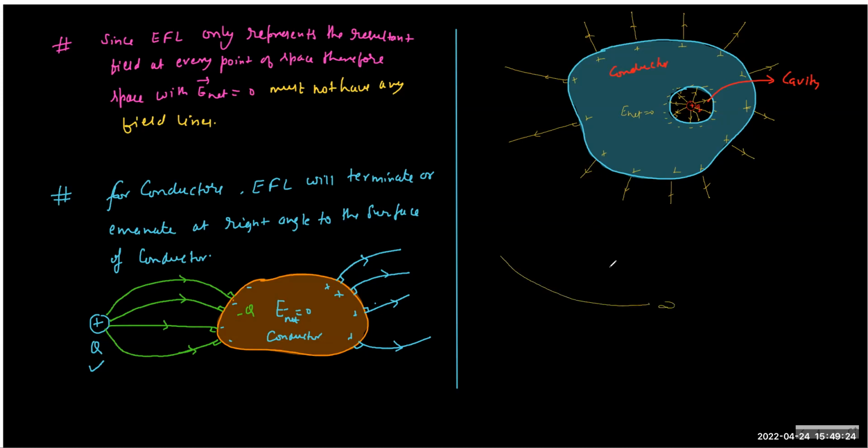Let's say the plus will induce the minus at infinity. That's how we think about it. Why do we say this? Because eventually every field line will terminate at infinity. So no matter where the field starts, at infinity all electric field lines will terminate, isn't it? Yes. So we can always think of infinity as a negative charge boundary, which is not visible to us.